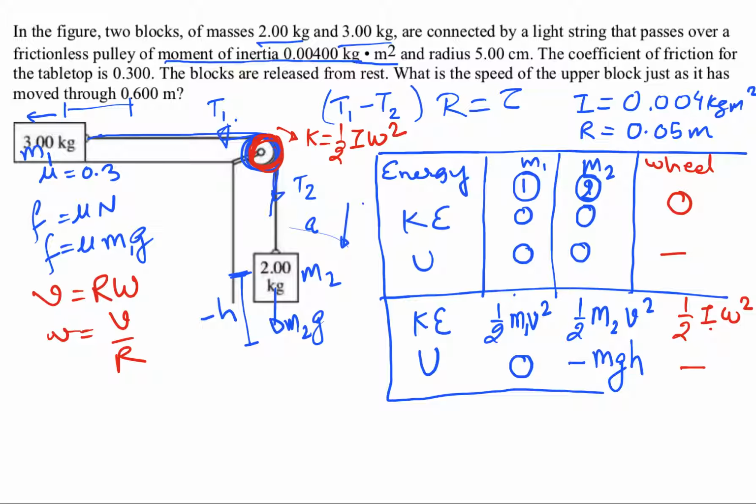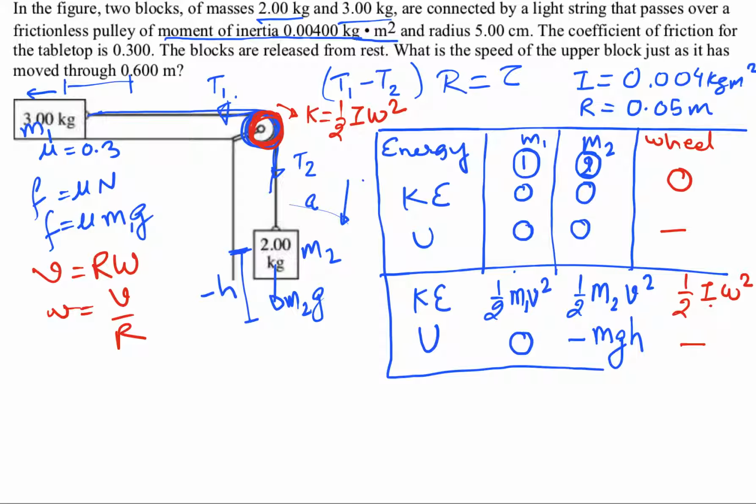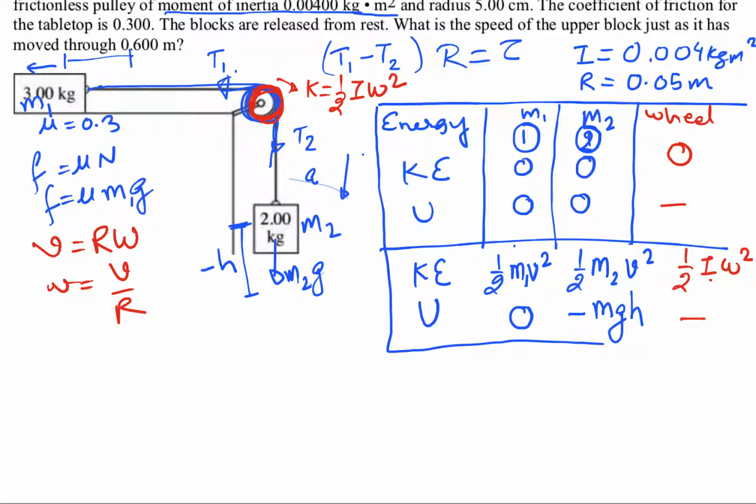Now if you think about this situation, you can think of total energy before and total energy after. The difference in the energy, delta E, must be zero if it was a frictionless surface, but you see that there is friction, mu equals 0.3.